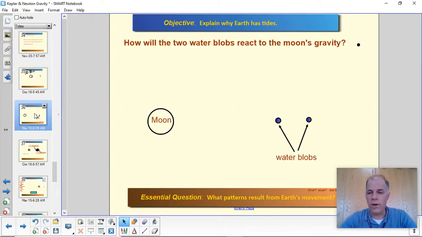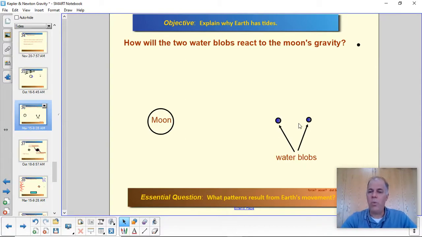Okay, so here's how it works. Little thought experiment here. Suppose we've got the moon out there in space, and we're going to drop two blobs of water out in space, under the influence of the moon's gravity. Now, think for a moment.